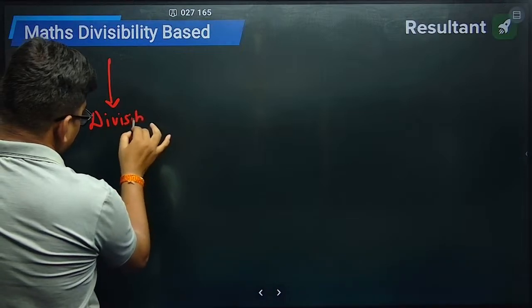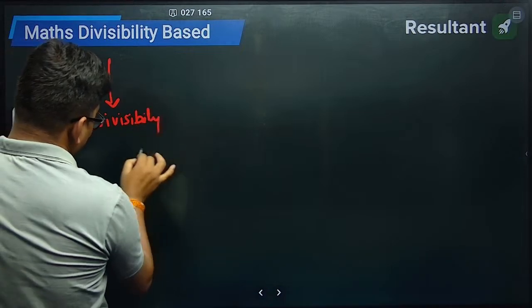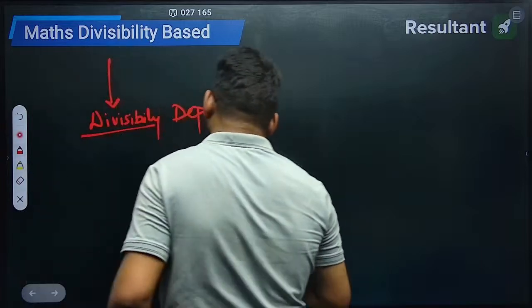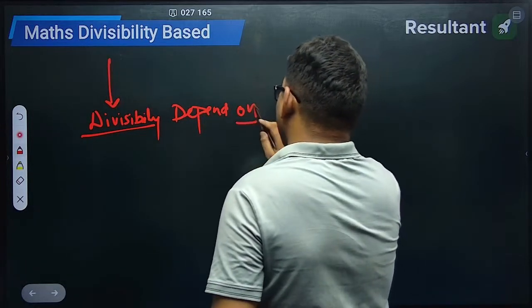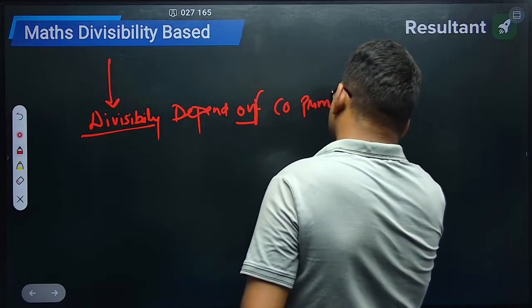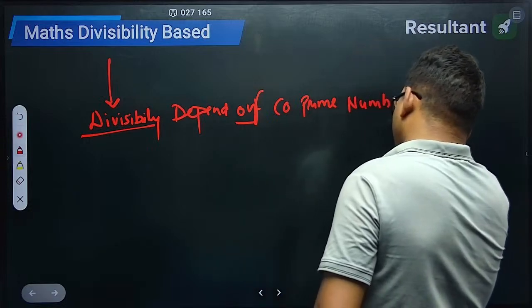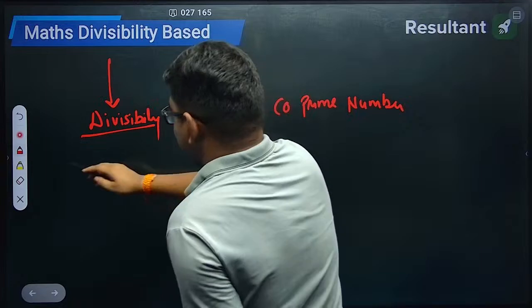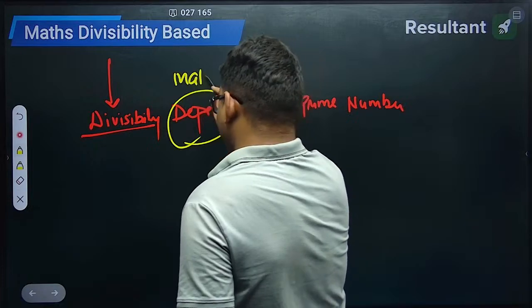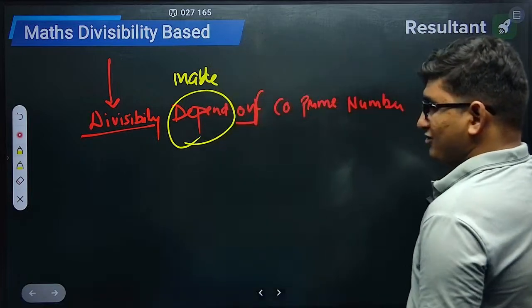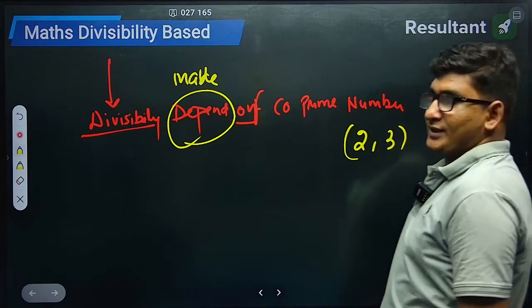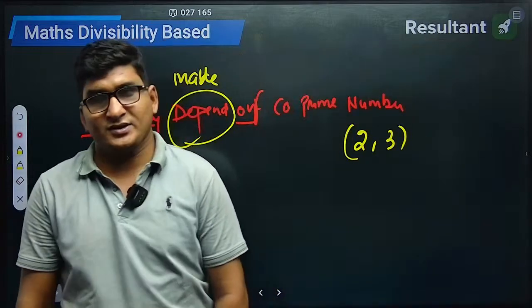Divisibility made by co-prime numbers. Now see, 2 and 3 are such numbers which are co-prime.